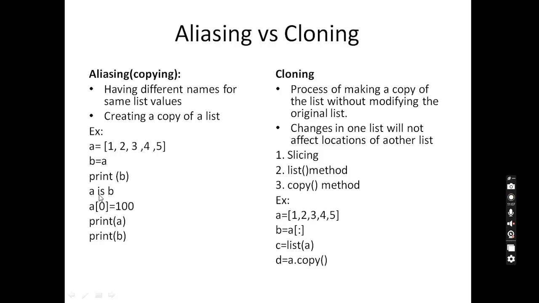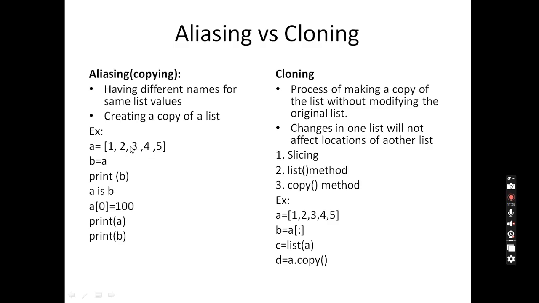The identity operator checks whether the two are equal not only in value, but also represent the same memory location, and only then will it give a true value. So both a and b represent the same memory location here, so I get the result as true.